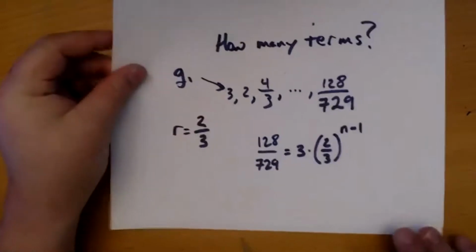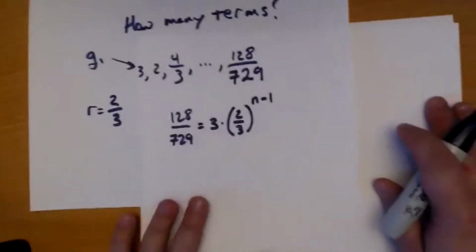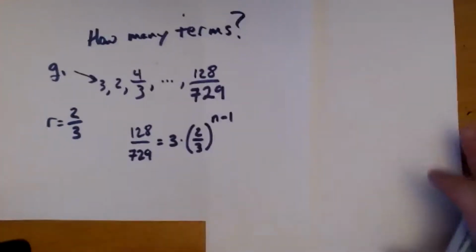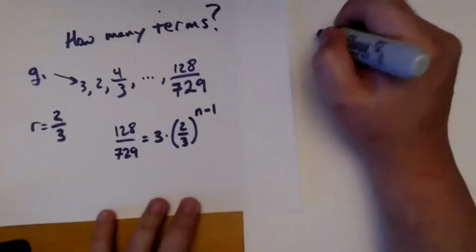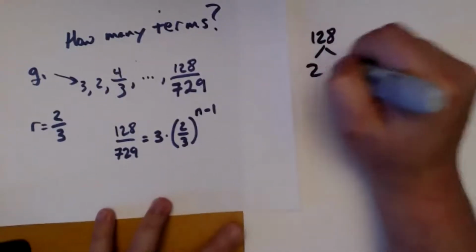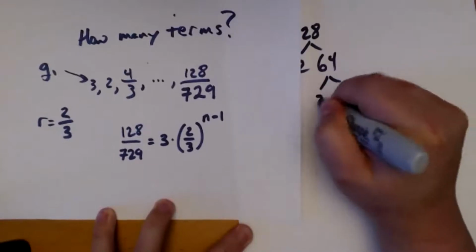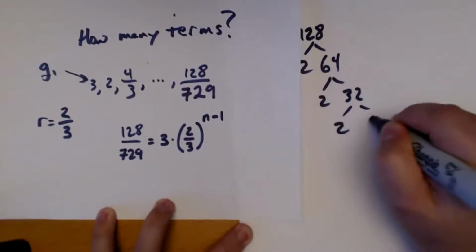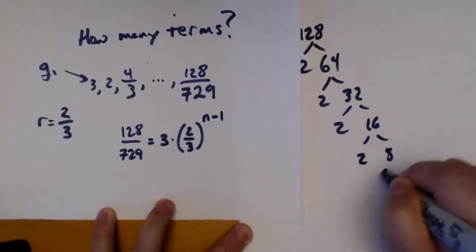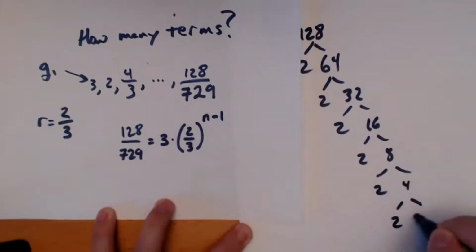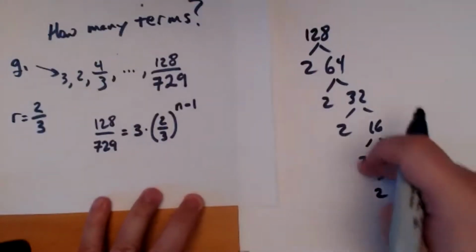So off to the side, 128, 2 and 64, 2 and 32, 2 and 16, 2 and 8, 2 and 4, 2 and 2. 1, 2, 3, 4, 5, 6, 7.